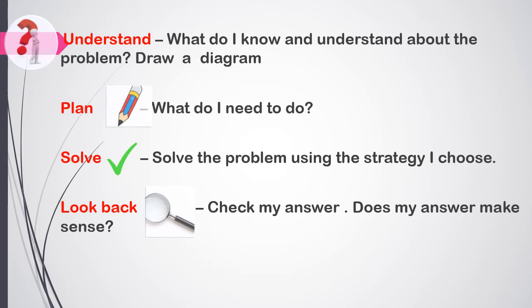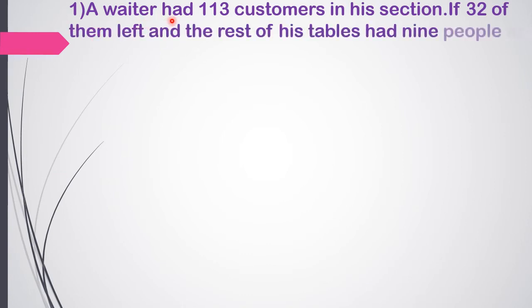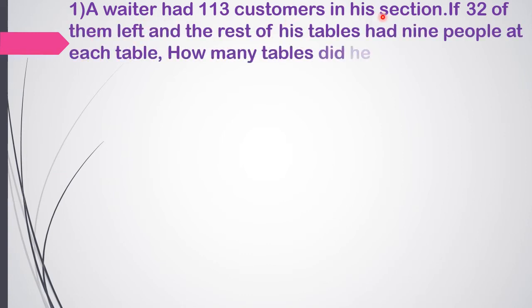We will do a few sums. So our first sum. A waiter had 113 customers in his section. If 32 of them left and the rest of his tables had 9 people at each table, how many tables did he have?